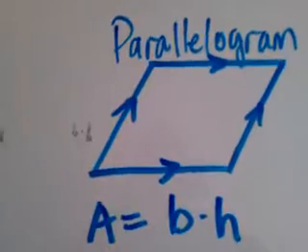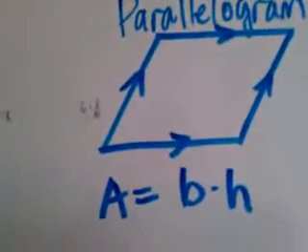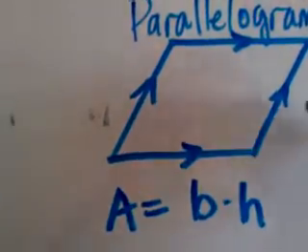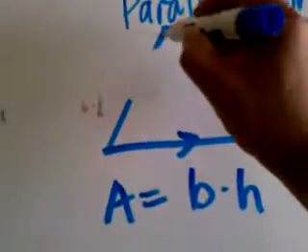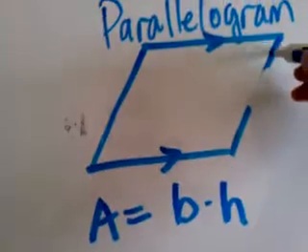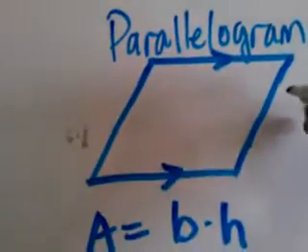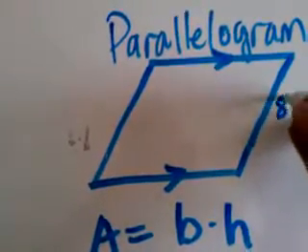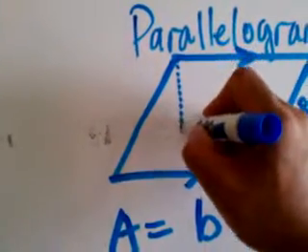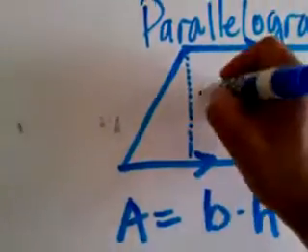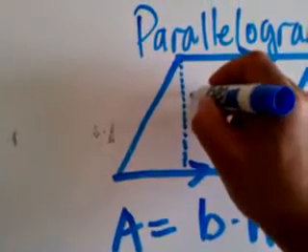Now, you don't actually see a height here, but I will tell you, let's just change this up a bit and say that I told you this length right here was 8, and that this line right here is actually 7.